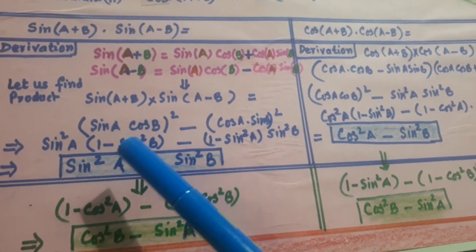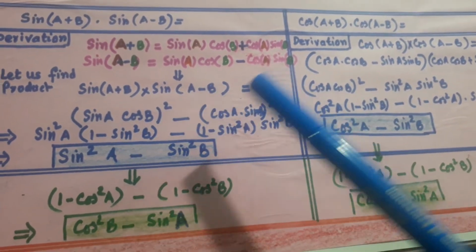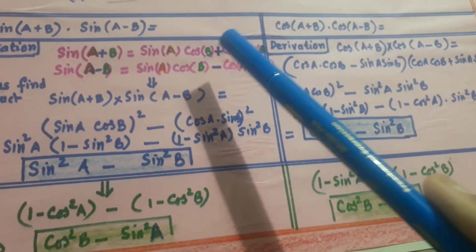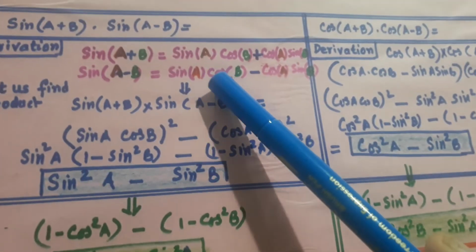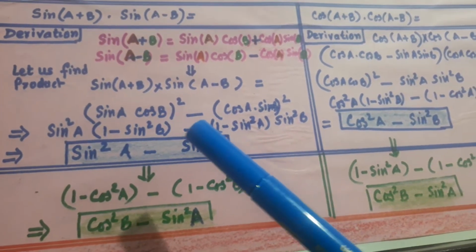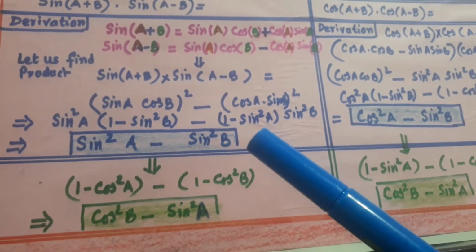And when we will make the product of this, what we'll get, this is x plus y, this is x minus y. It will become x square minus y square.